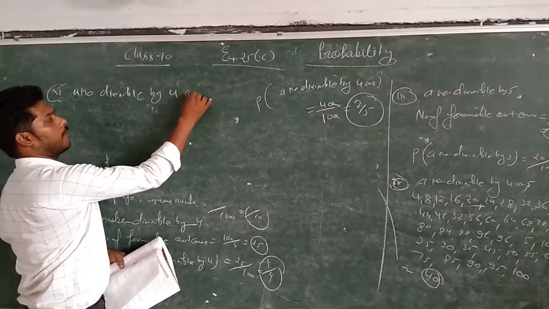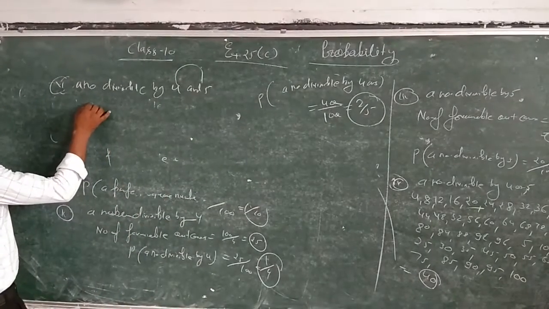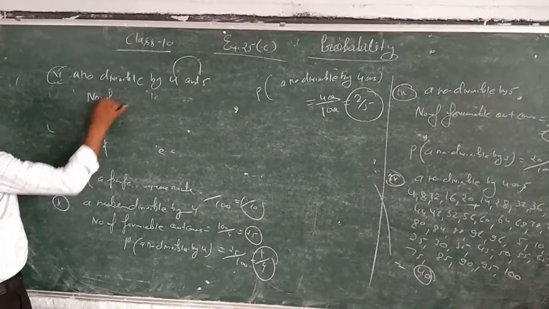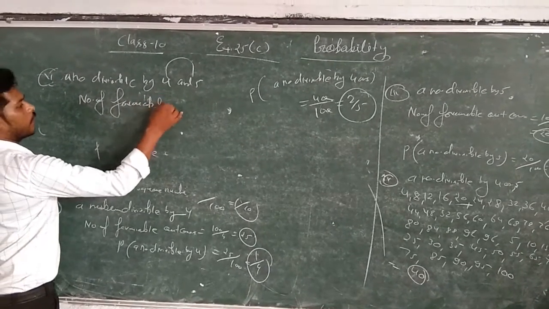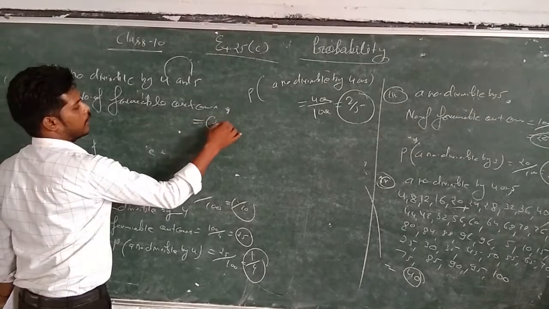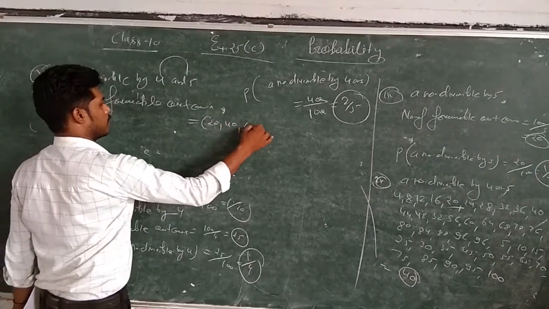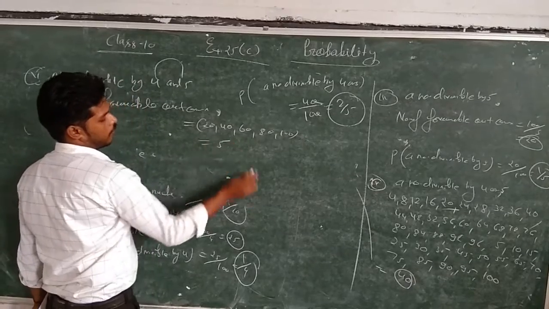4 and 5 means the multiplication of both numbers. The number of favorable outcomes is equal to 20, 40, 60, 80 and 100, which is equal to 5.